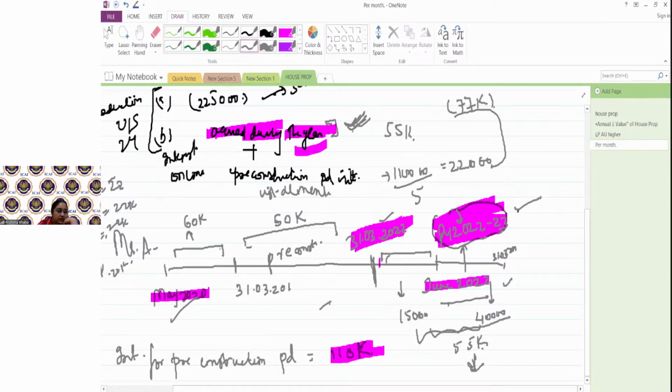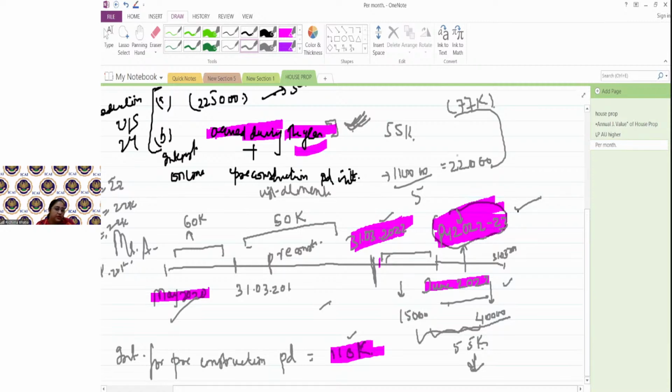So accumulated interest कितना हो जाएगा pre-construction period का 60 plus 50, 110. बट सारा का सारा प्री कंस्ट्रक्शन पीरियड एक साथ ईयर ऑफ कंप्लीशन में अलाउ नहीं होगा. It would be allowed in 5 installments beginning from the year in which the construction was completed or acquisition was done.